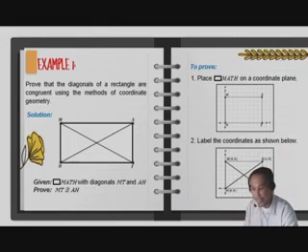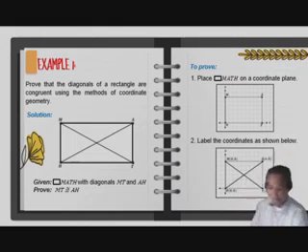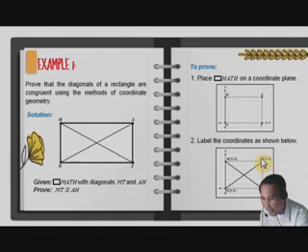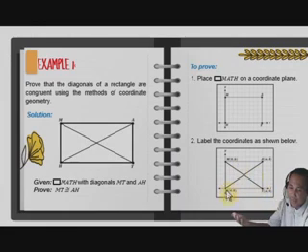Now we can have points. At H we have 0, 0. Then A is (a, b), this is (0, b), and this is (a, 0).